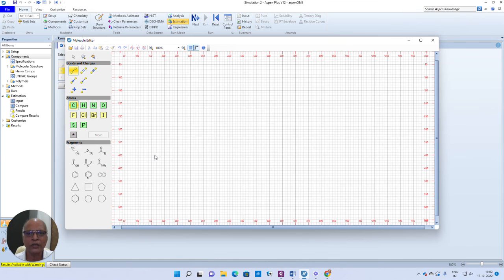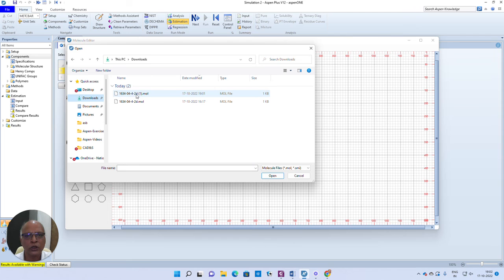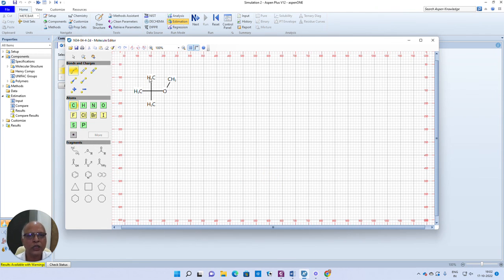Maybe with little practice, you will be able to draw the chemical structure. But right now, I have already downloaded the chemical structure in mole format for this particular compound, MTBE. Let me check where it is available in downloads. So this is the 2D mole format I'm opening. So this is the molecular structure of MTBE.